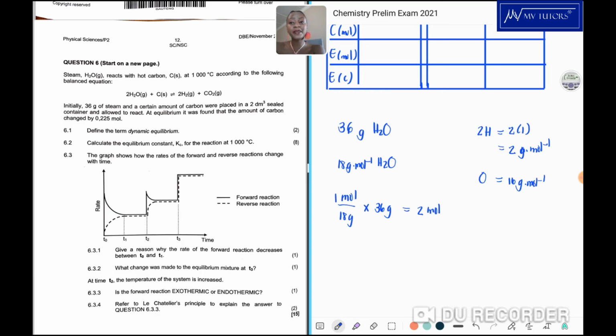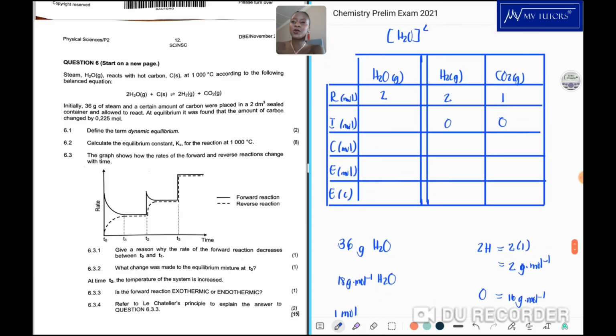So initially, I had 2 moles of the steam, but hydrogen and carbon dioxide were not formed yet, so that will be 0. And now let's look at the change. Have they mentioned anything about change? Yes, they said at equilibrium, the amount of carbon changed by 0.225 mole.